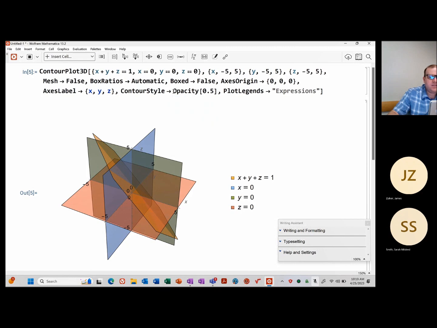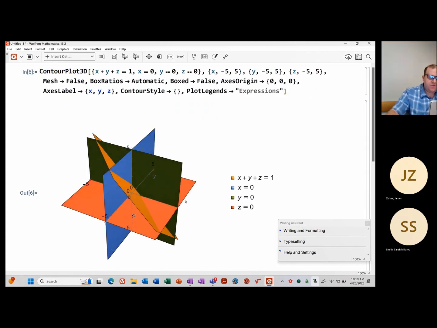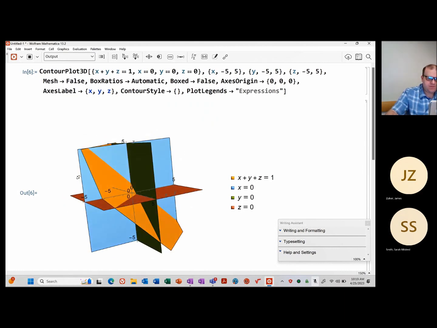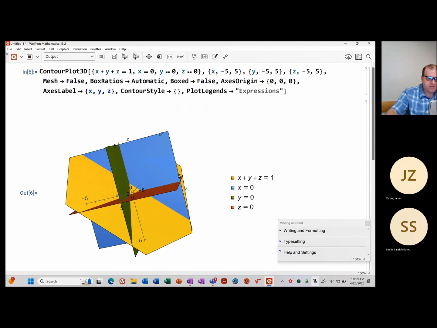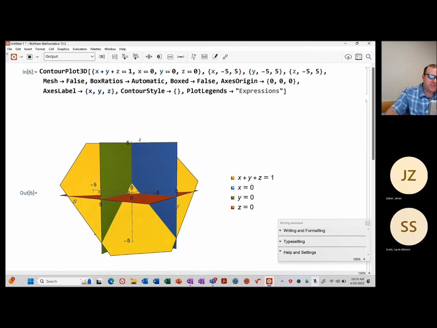The first octant, remember, is where x, y, and z are all positive.